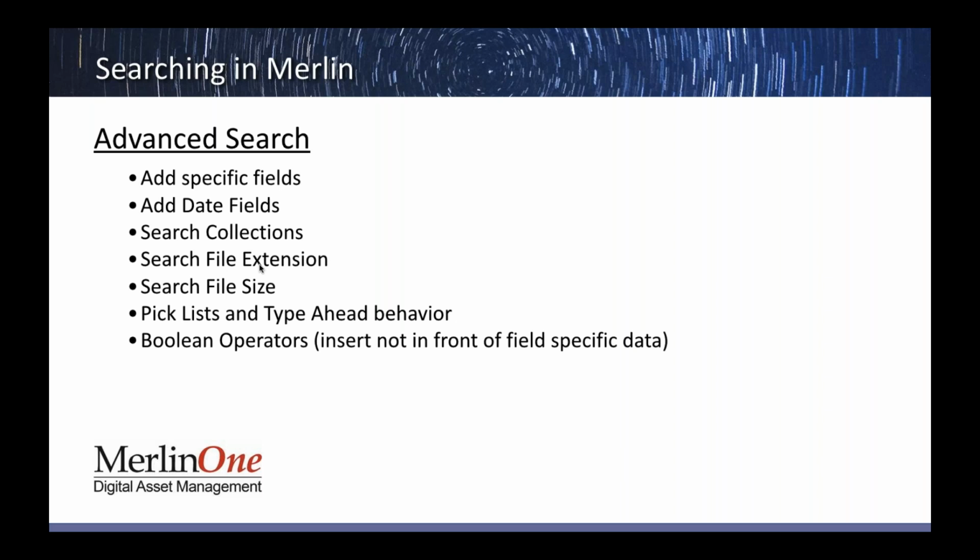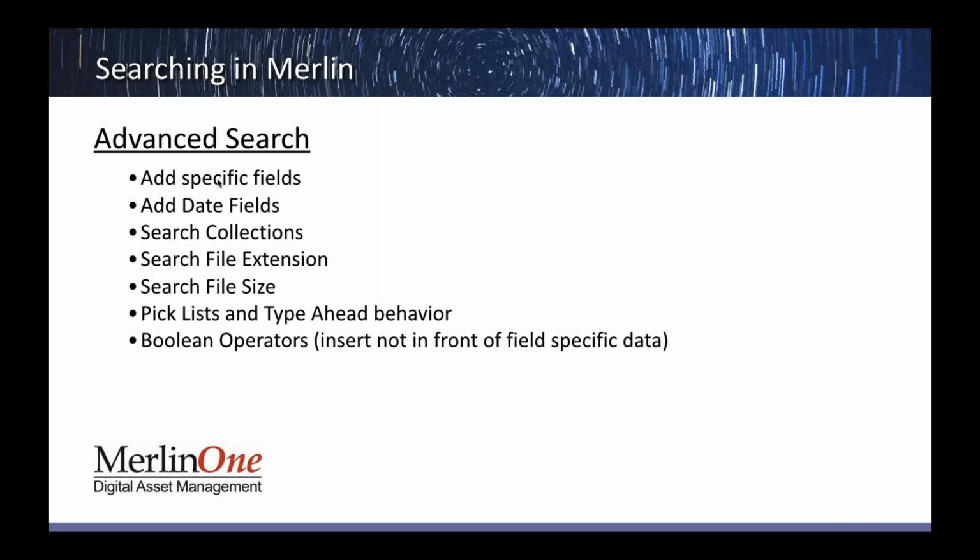So if you're searching specifically for TIFFs or PDFs, you can do that. Also, how you can search the file size, and about using pick lists and type ahead behaviors.